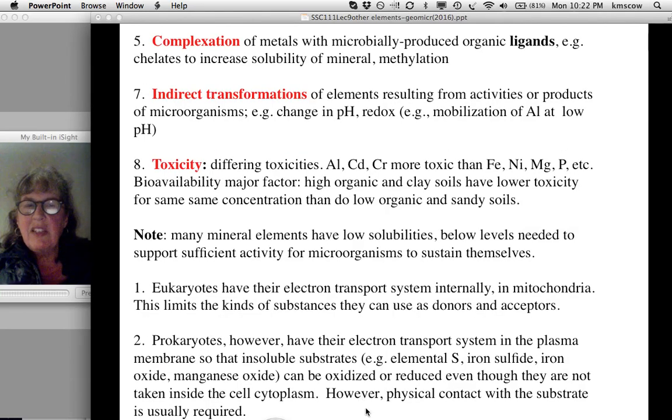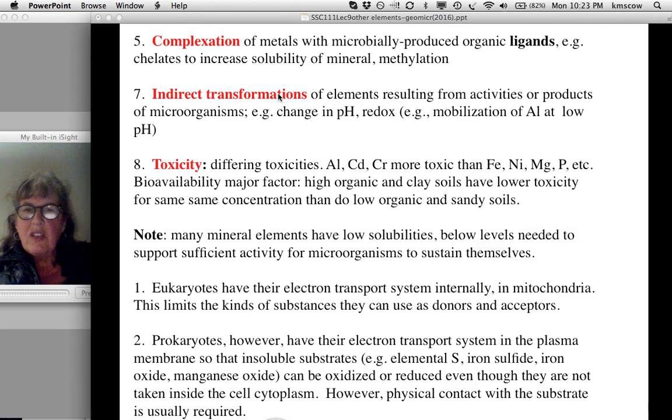Okay, complexation, so that's a chemical reaction between the ions and some microbially produced organic compound, a ligand, like a chelate, that might be used to access iron. We'll talk about that, or a methyl group, a methylated form of the ion.